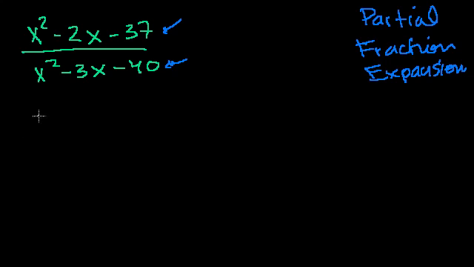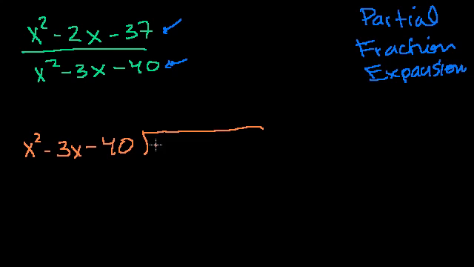So to do that, we divide the denominator into the numerator to figure out the remainder. So we divide x squared minus 3x minus 40 into x squared minus 2x minus 37. How many times do you look at the highest degree term? x squared goes into x squared one time. 1 times this whole thing is x squared minus 3x minus 40.